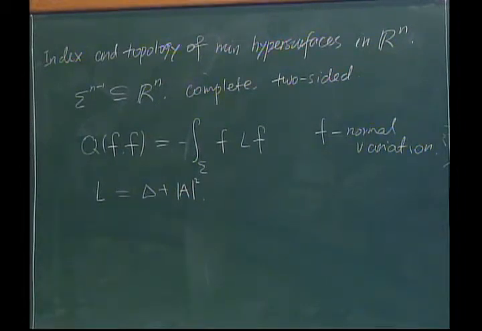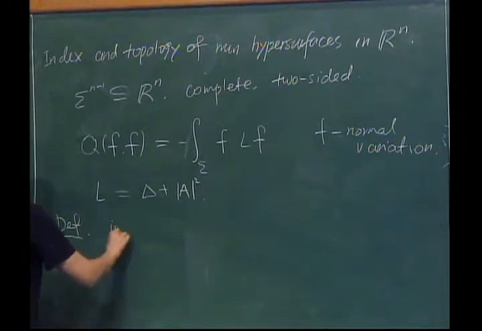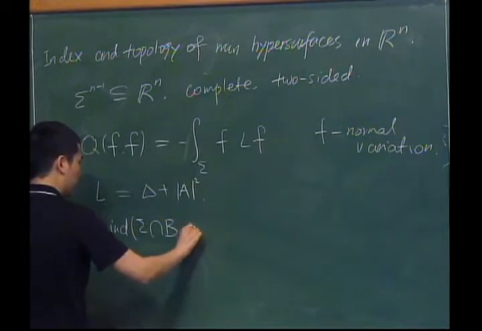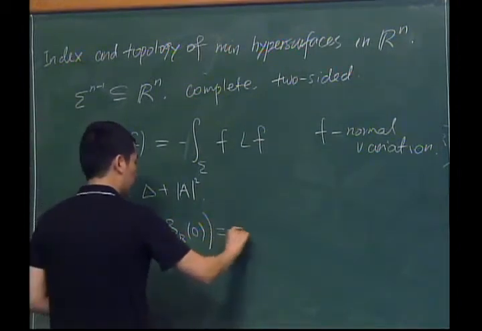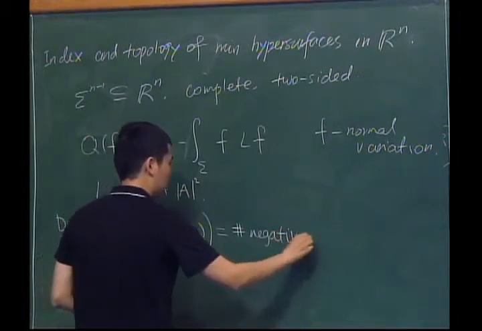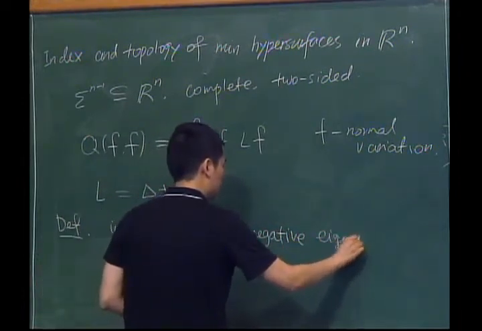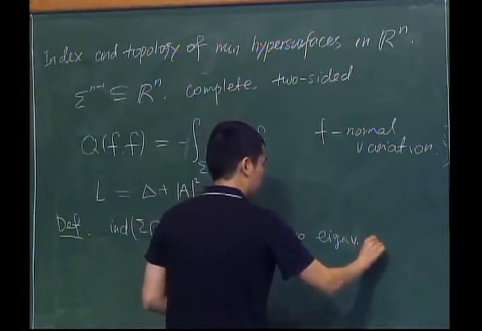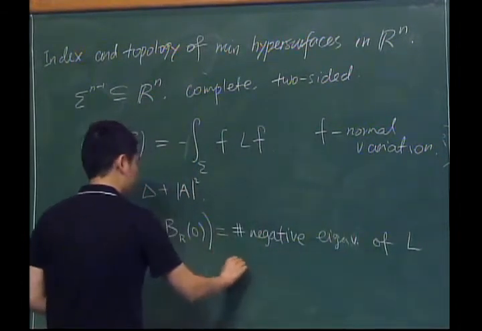Okay, and now with these notations, we can define the Morse index of a compact subset of sigma, say its intersection with any ambient ball of radius r, to be the number of negative eigenvalues of the Jacobi operator with the Dirichlet boundary condition.